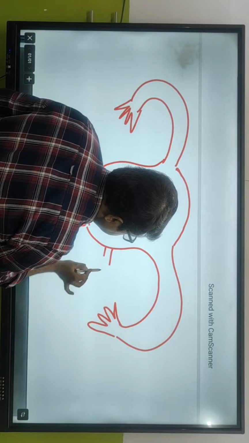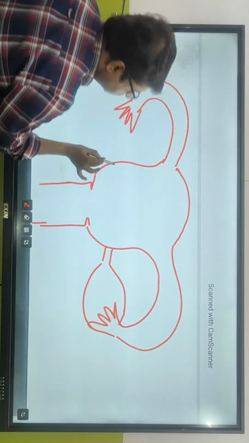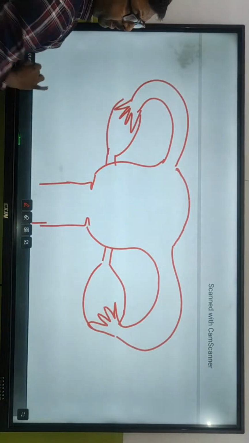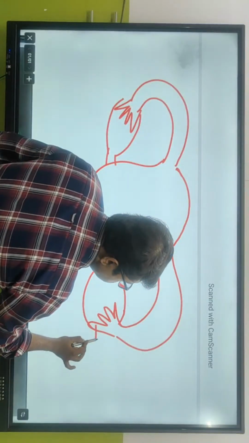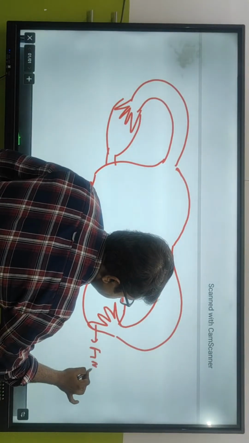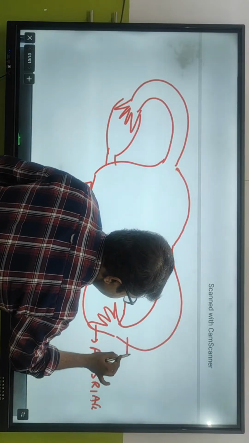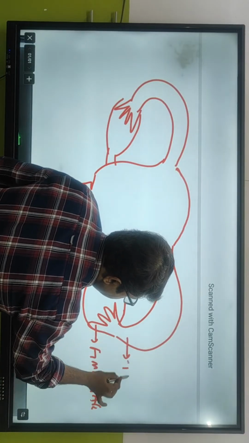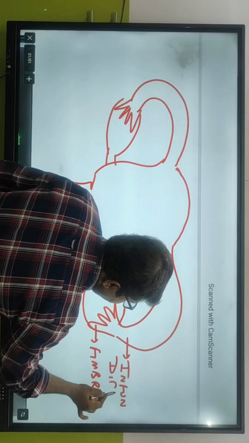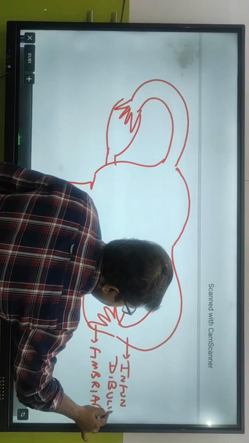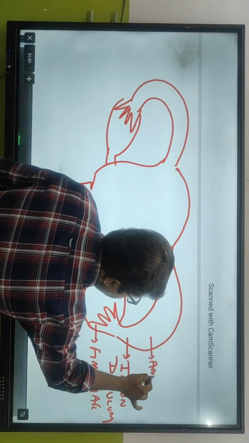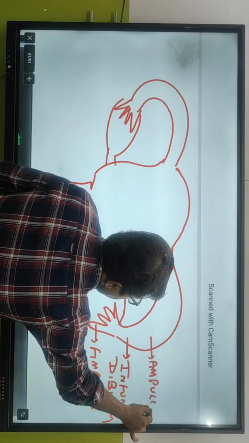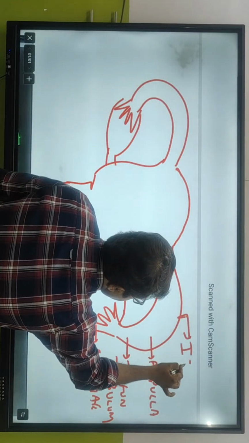This is the ovary. This is the ovary. Now these finger-like projections are called fimbriae. We call this fimbriae. The first part of the fallopian tube is called infundibulum. The second part is called ampulla. The third part is called isthmus.